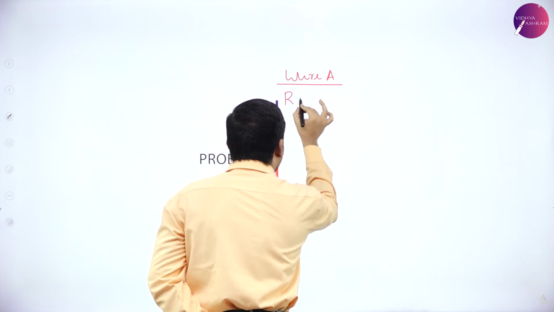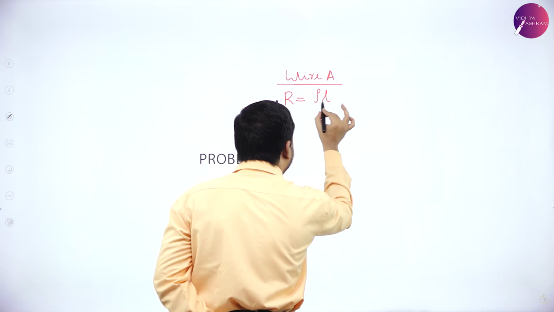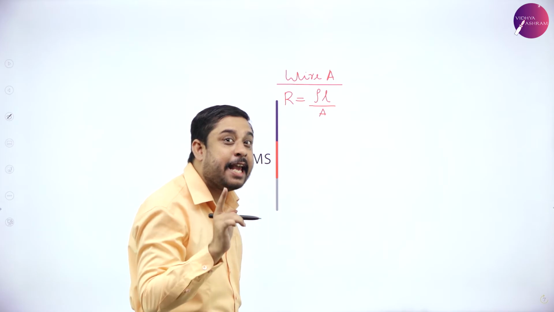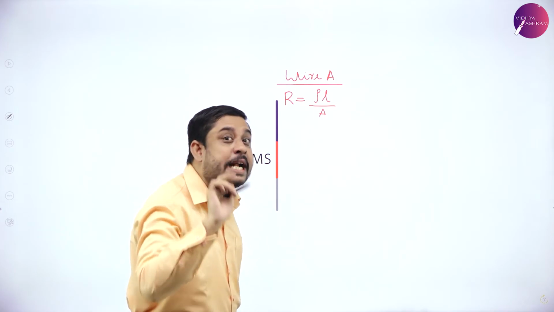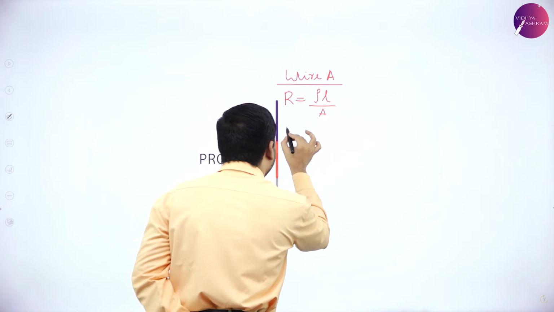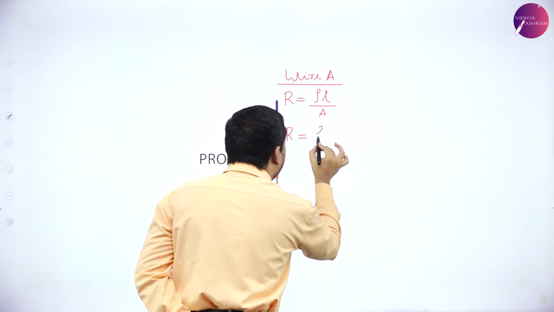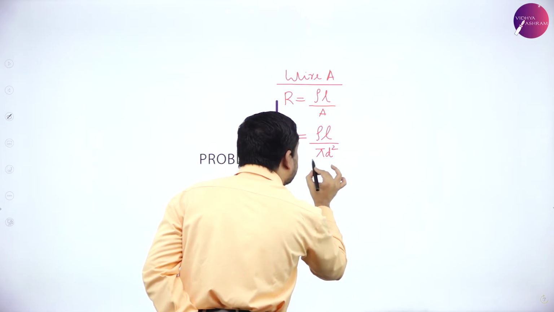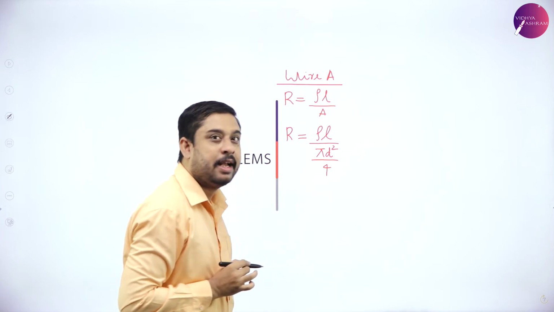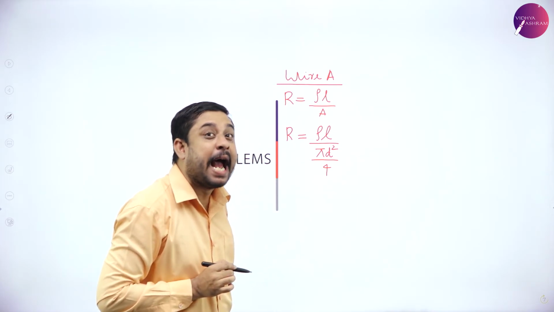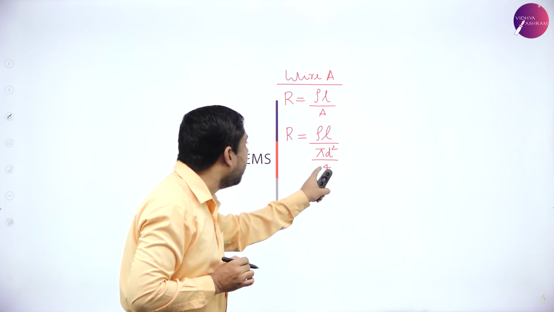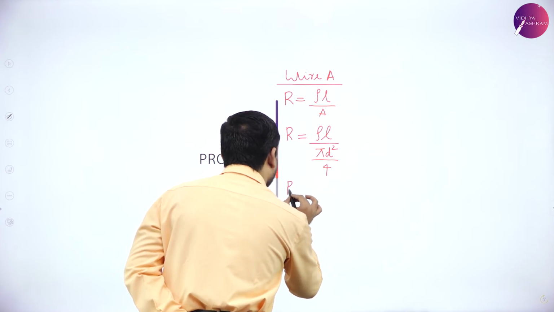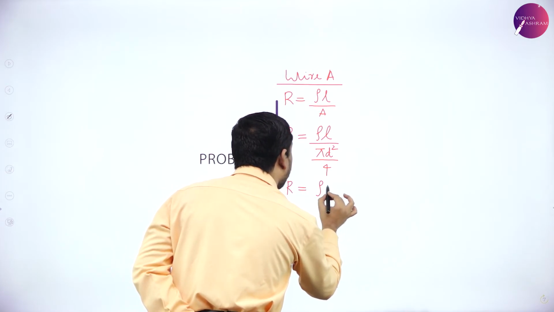We told R is rho L by A. Again, area in terms of diameter. So R is rho L, very good, now this is pi d square by 4. I told you in the previous problem, if diameter is given, area is pi d square by 4, or R is rho L.